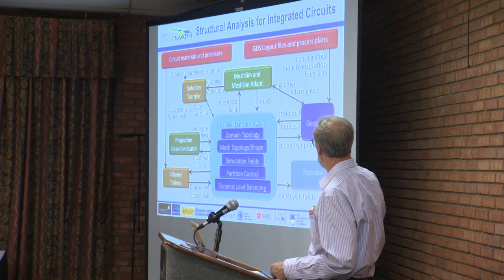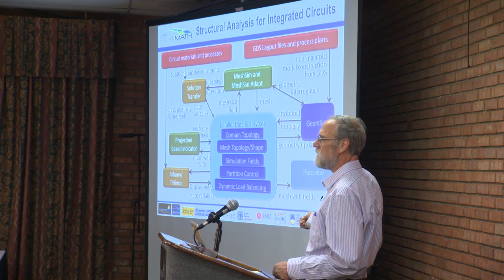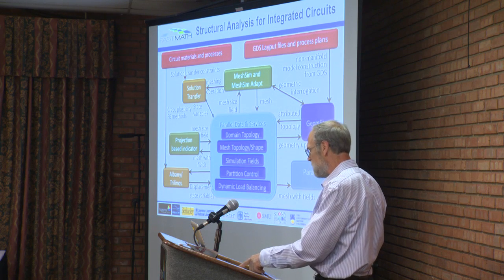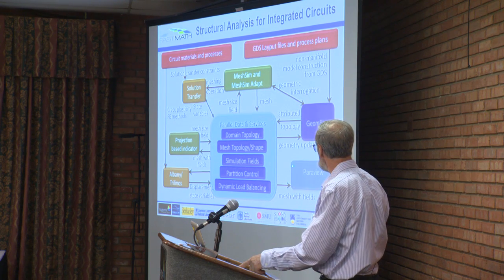So our biggest challenge on this is constructing these geometric models that have millions of parts in them. We actually have to do parallel geometry construction, which is a challenge we've got to figure out how to resolve, and we're using a tool called GeoSim for that, which is a commercial piece of software, but one that we can interact with fairly nicely.